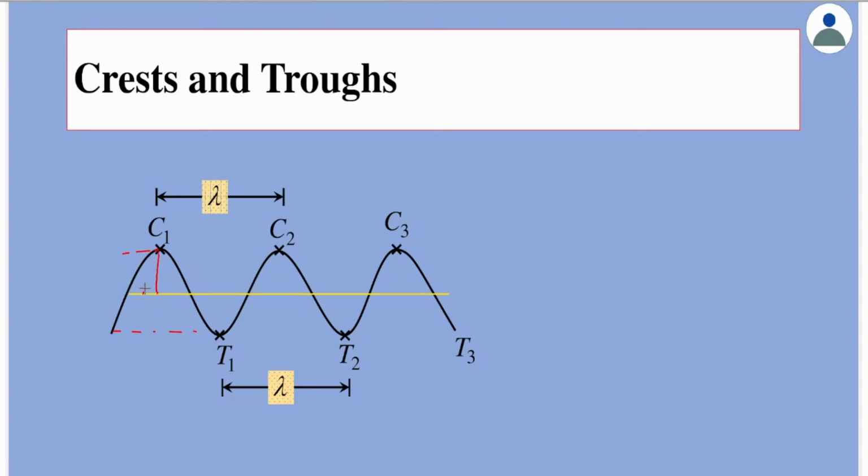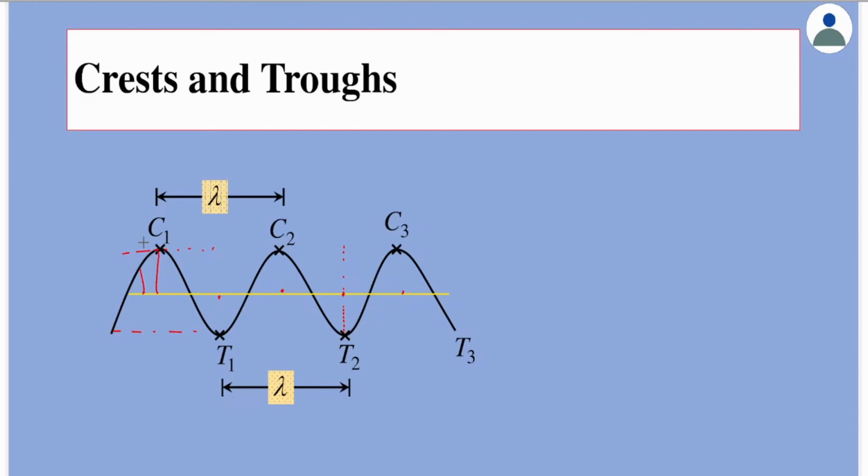The particle from here has gone to this position. It will go up and come down, which means every particle will oscillate between the extreme positions. At this moment, the particles from here and here have gone to the highest positions. Particles from here and here have come to the lowest position. But later, this will go up and will go to the extreme position.